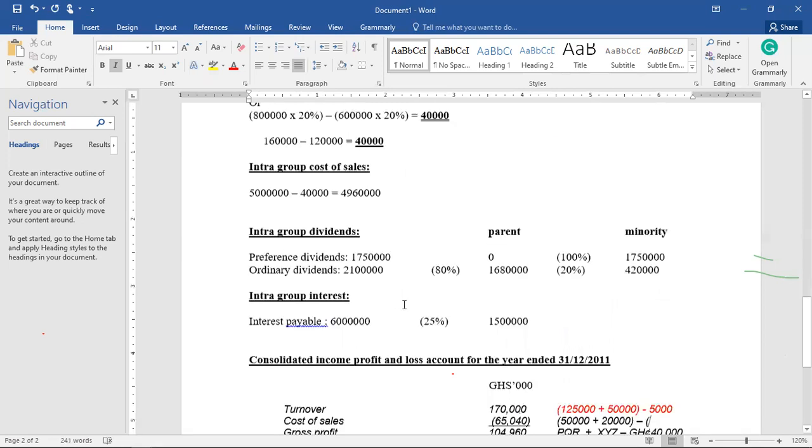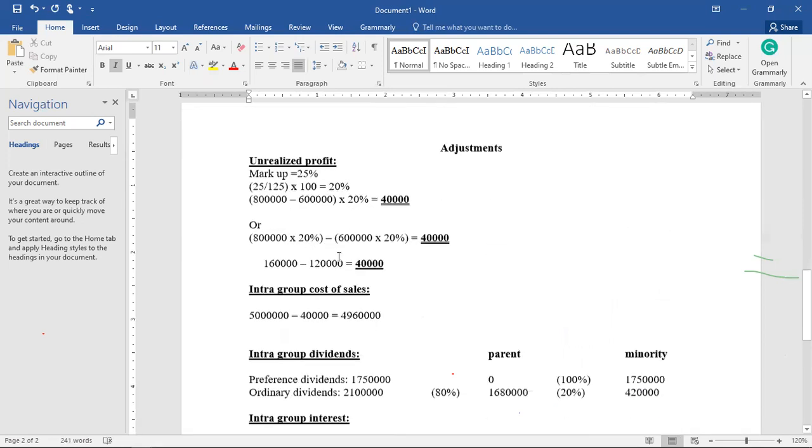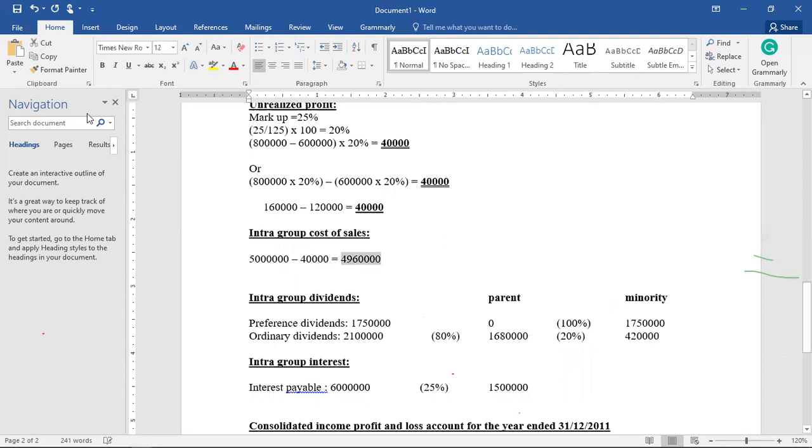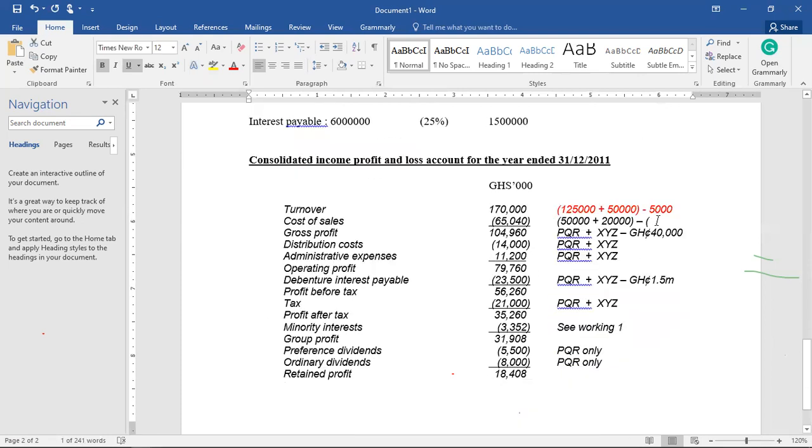You did some calculation here. Where is it? This one. $4,960,000. So minus the 4,960. You should get this particular one over here.